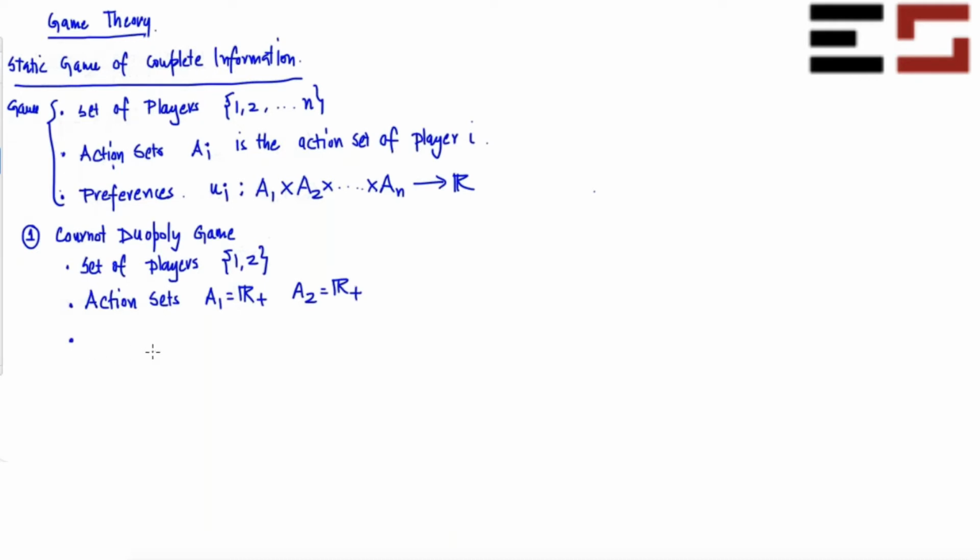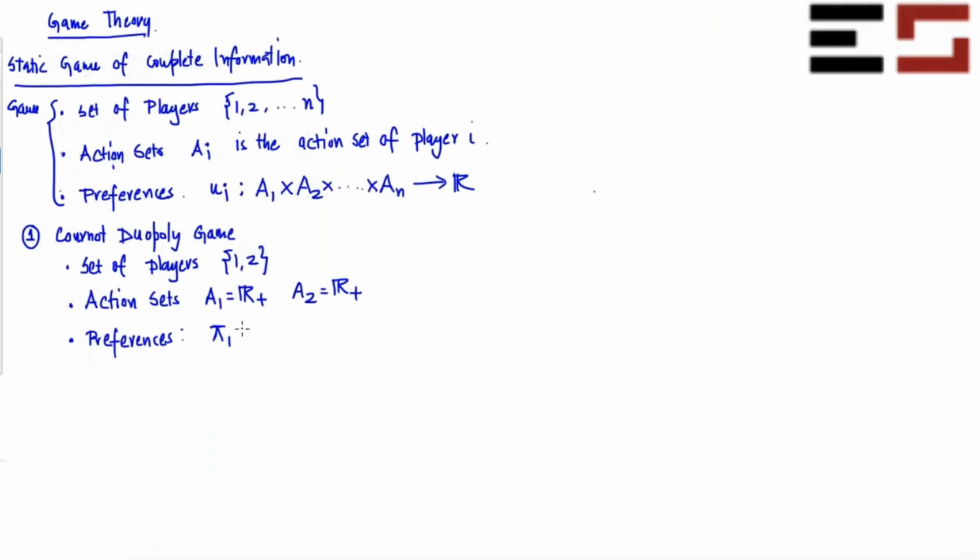That is what I'm doing here. Preferences in this case will be determined by the profits. I'm not going to use u_i, I'm going to use pi_1. Pi is a commonly used notation for profit.